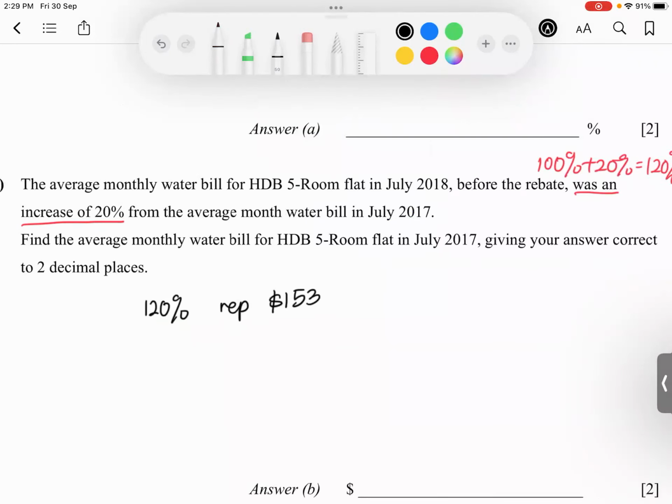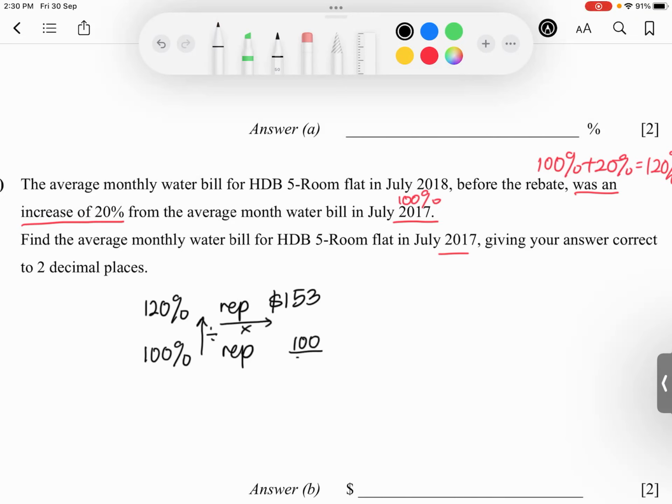Okay, then now the average monthly bill in July 2017, this one is the original one. Now this one becomes the 100%. Find the average water bill for July, giving an answer in 2017. So I need to find 100% is how much. We take 100 divided by 120 times this.